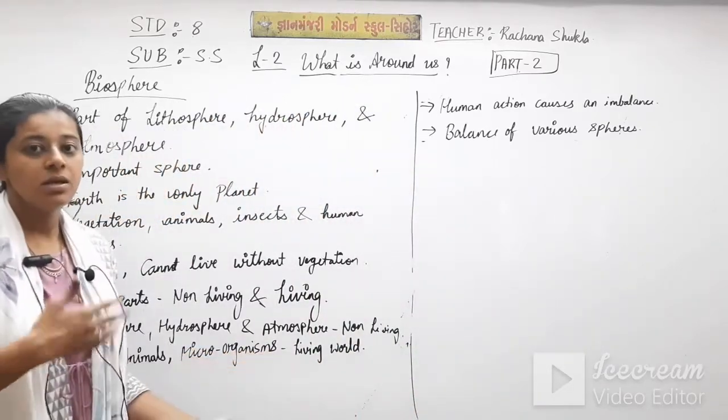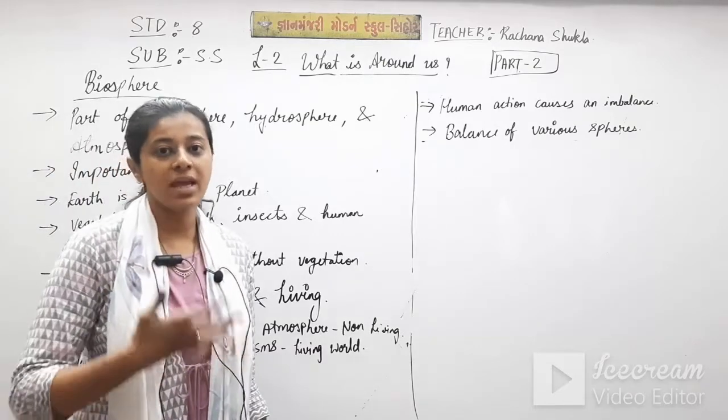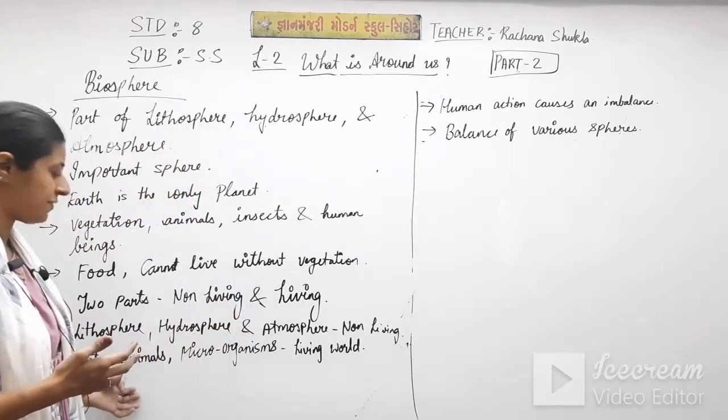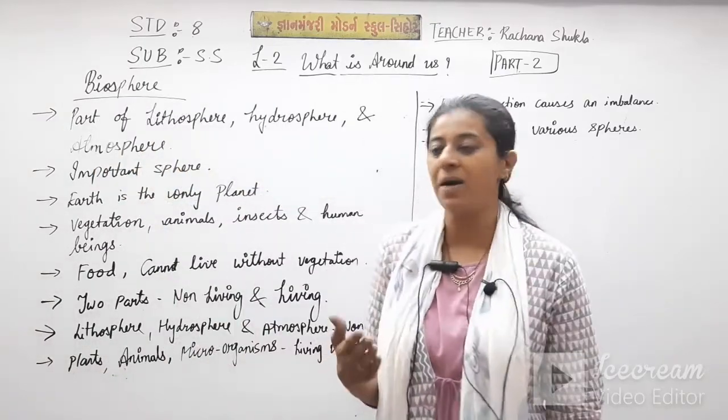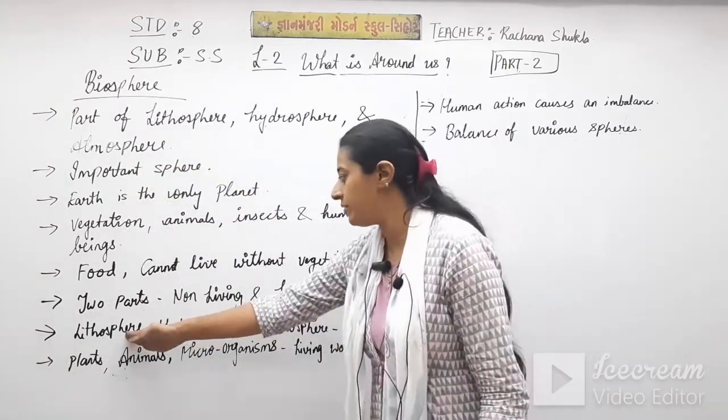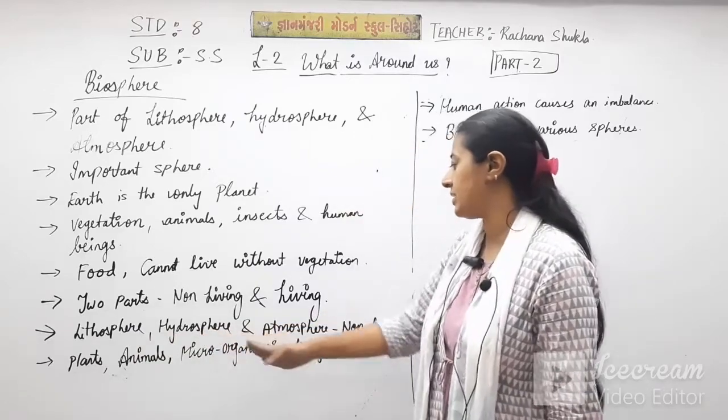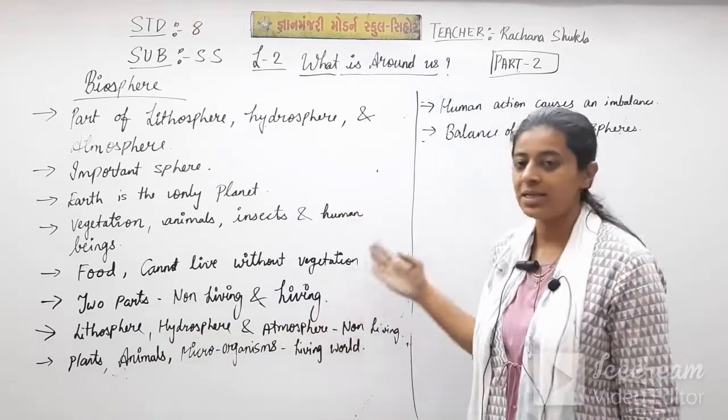Living part means which live, which breathe and which sustain life, and the non-living part is the components of lithosphere, hydrosphere, that is water, and atmosphere, that is air.